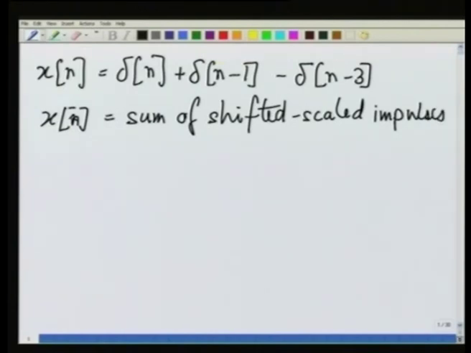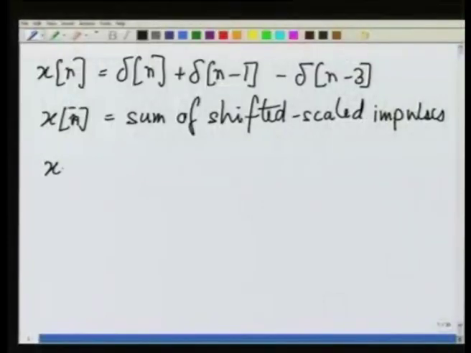Now, if we had an arbitrary signal x n, not the highly simplified case that we just picked up to demonstrate the point, we would still do exactly the same thing. Only difference is that our sum would probably be bigger, and some of the scale factors would be other than plus 1 and minus 1 as it has been in this case.